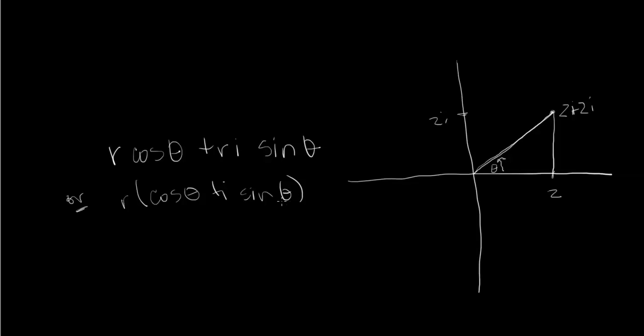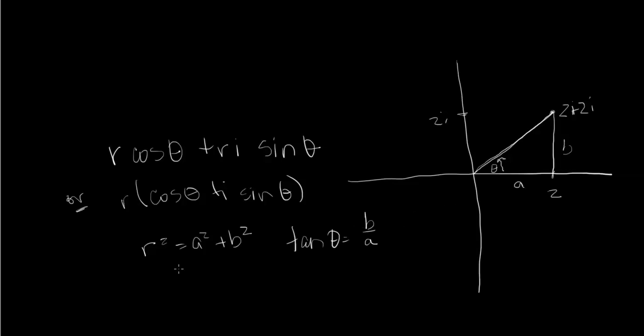And we also know that r, just like in trig, this value is equal to this side squared plus this side squared. So r squared is equal to a squared plus b squared. And way back in the beginning, tangent of theta is equal to b over a. So this is my a value, this is my b value.